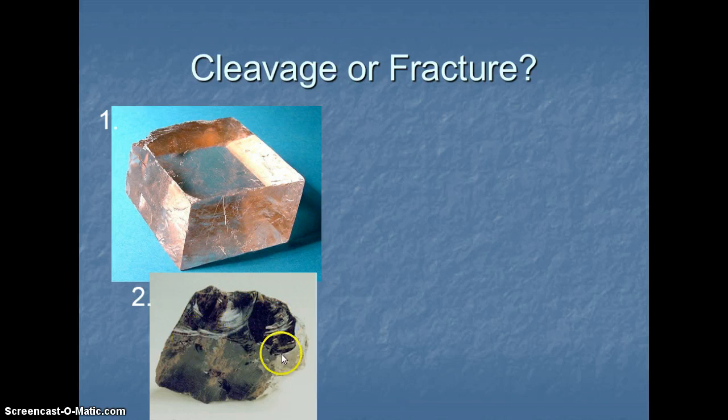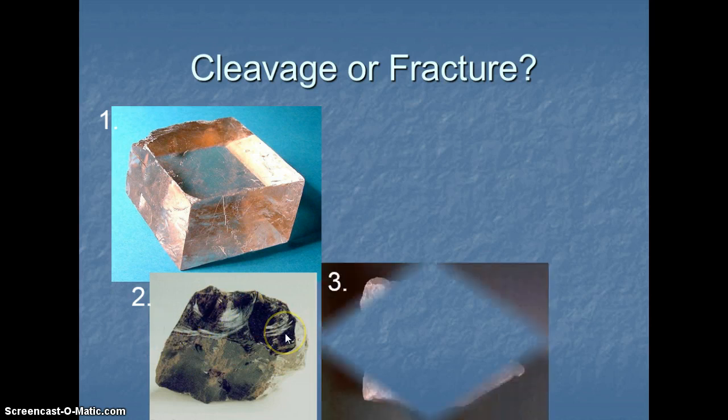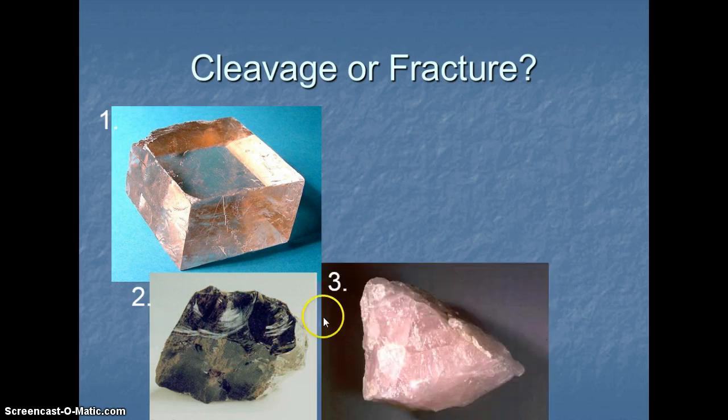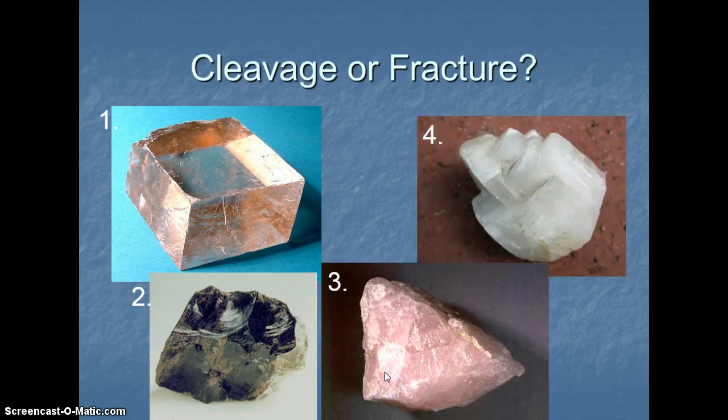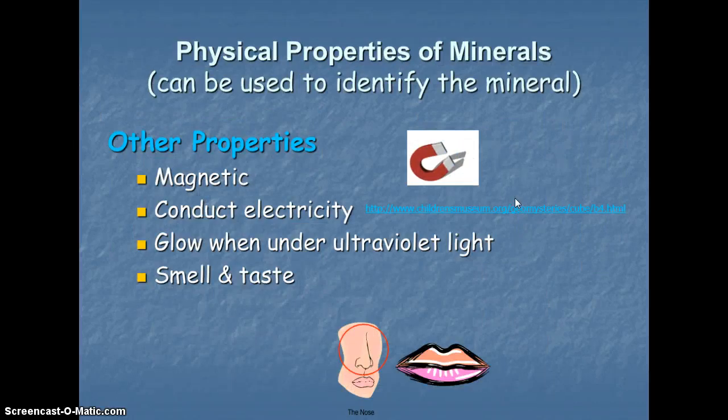It's going to have fracture, because I know it's nice and smooth, but it's not breaking off in nice, neat sheets. Same with 3. This one's going to have fracture, because it's not breaking off in nice, neat sheets. Same with number 4. It's going to have fracture, not nice, flat pieces.